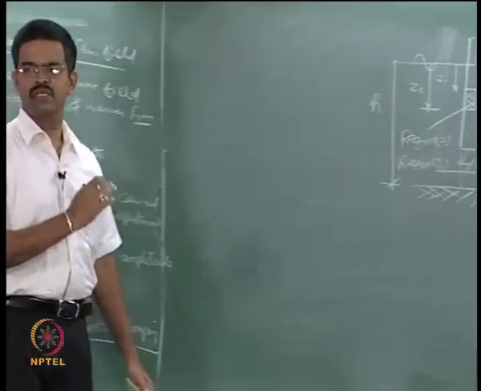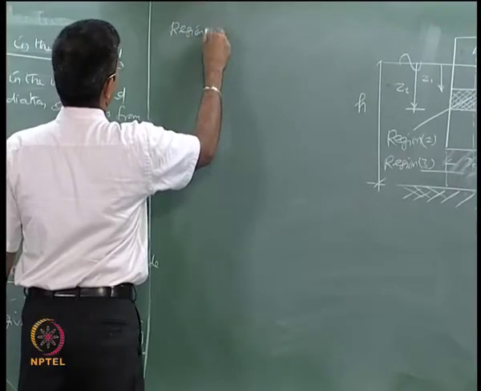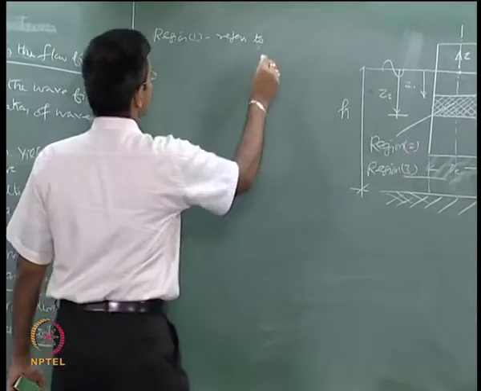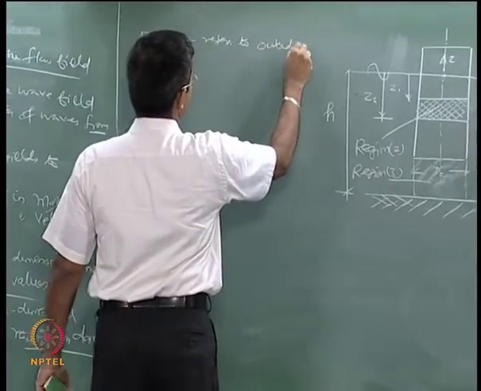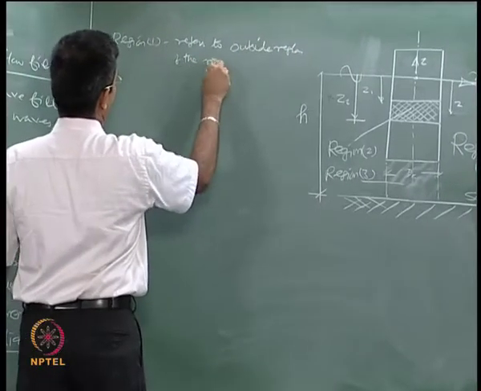Let us explain these regions. Region 1 refers to the outside region of the member.